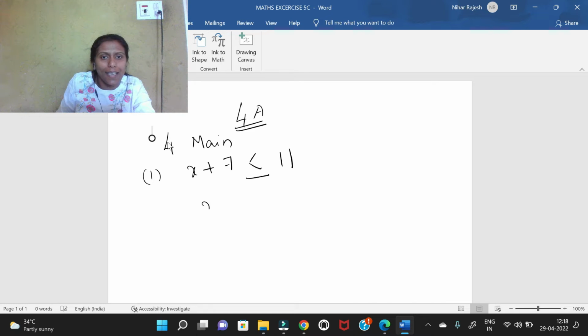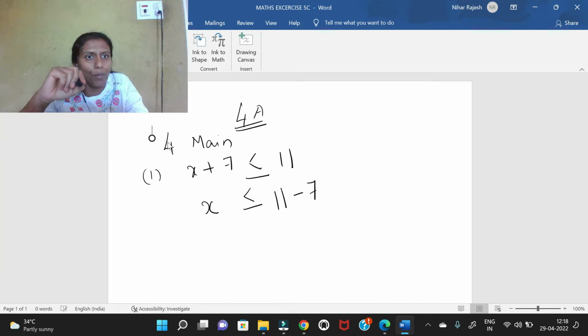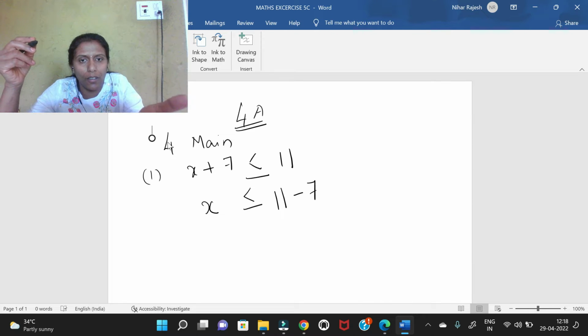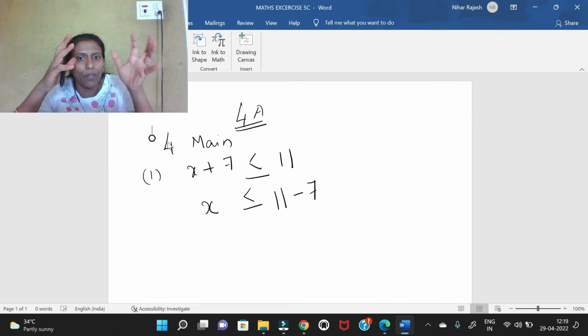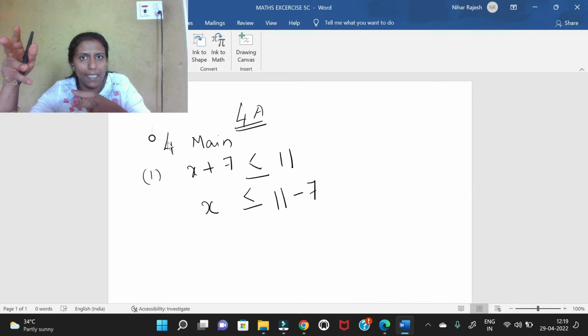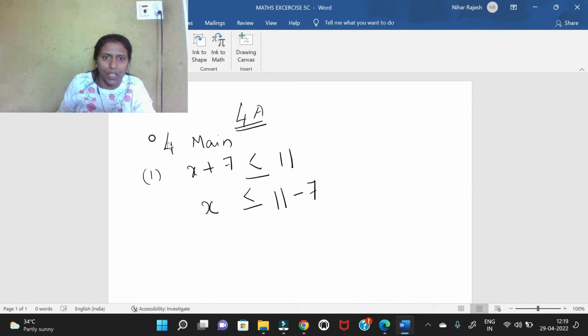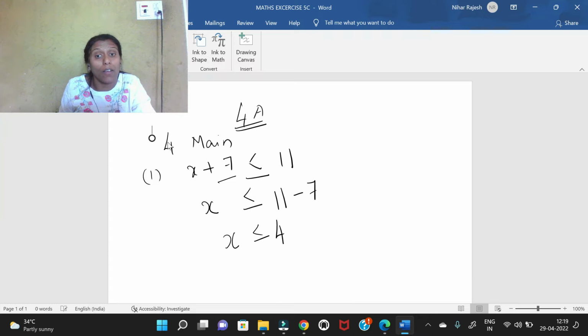So I can also say x is less than or equal to 11 minus 7. There is a rule defined in the textbook: when we move a term from the left side to the right side, the sign gets changed. We moved the plus term to the right side and the sign got changed. So x is less than or equal to 4.